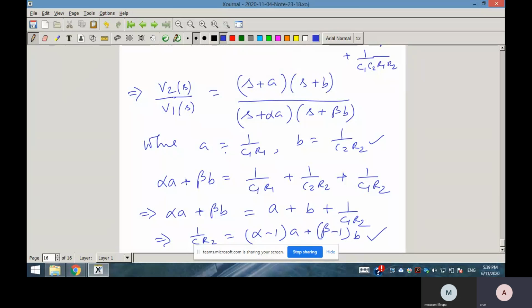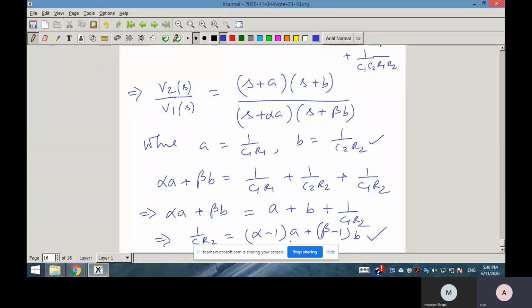So C1 R1 and C2 R2 have to be chosen such that this condition will be satisfied. That means C1 R1 equal to 1 by A, C2 R2 equal to 1 by B, and then C1 R2 has to be like this, alpha minus 1 into A plus beta minus 1 into B.